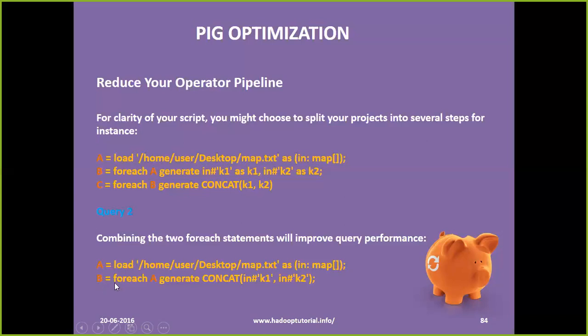Even now, within the B alias itself, you will get the concatenated result. So combining the two foreach statements into one will improve the query performance. No need of calculating the intermediate alias, this B and then C.